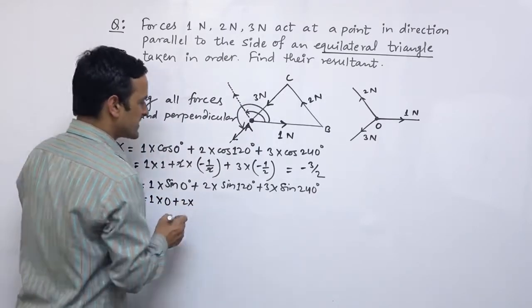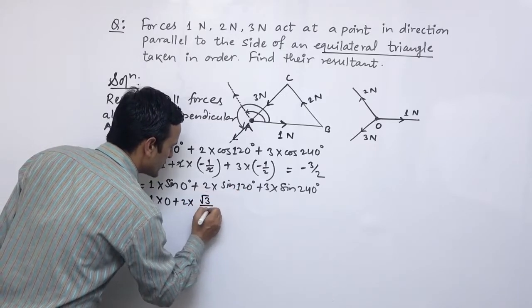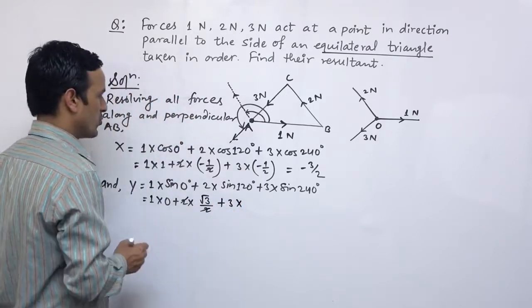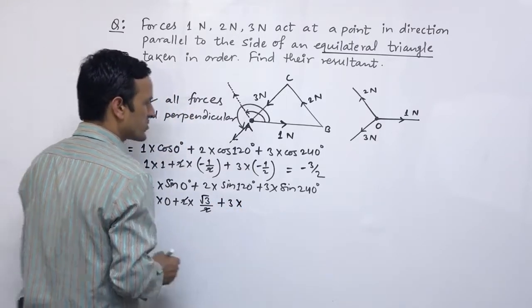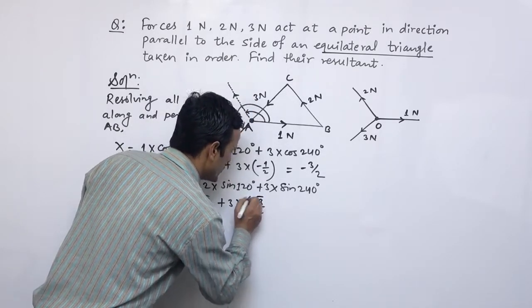Sin 120 means the value of sin 60. Sin 60 is √3/2, the 2 cancels, and 3 into sin 240. Sin 240 means 180 plus 60, that is minus √3/2.